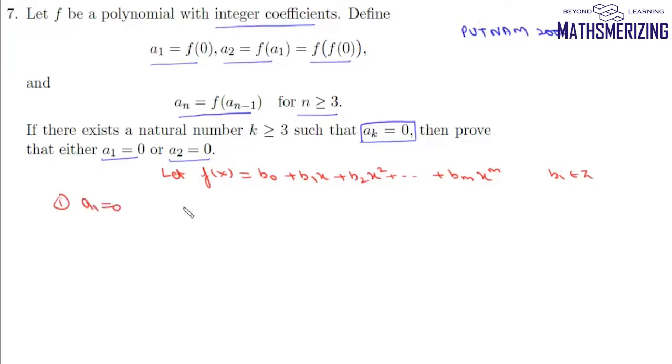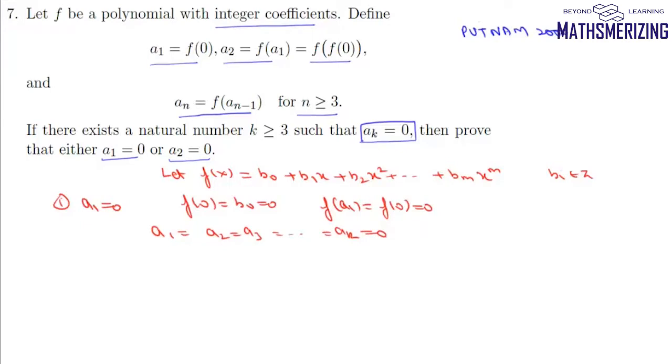It clearly means f(0) is b0, and b0 is 0. Now if we take f of a1, it will again be f(0), which is again 0. So in that case a1 equals a2 equals a3 and ak, they are all 0. So it is a very trivial case.